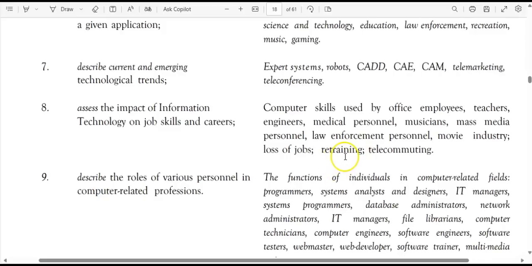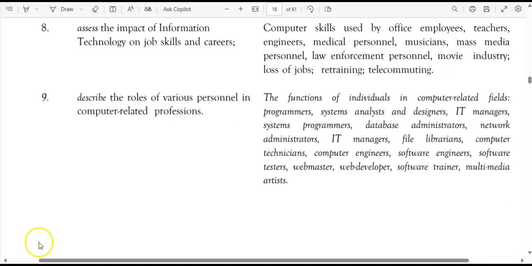Loss of jobs, retraining, and telecommuting. Information technology (IT), as we can all agree, has significantly transformed the modern workplace, reshaping job roles, required skills, employment opportunities, and work environments.